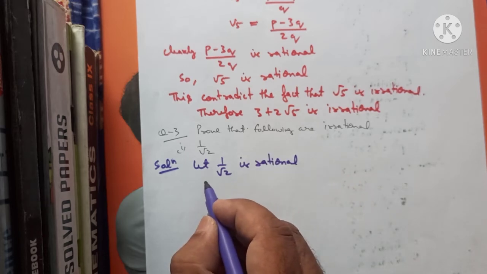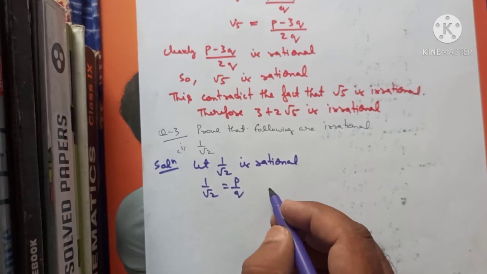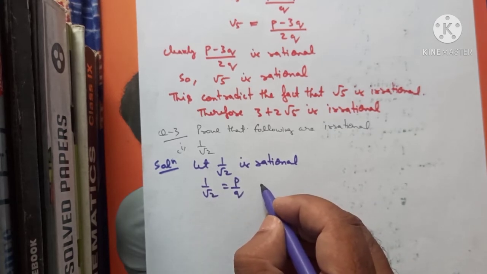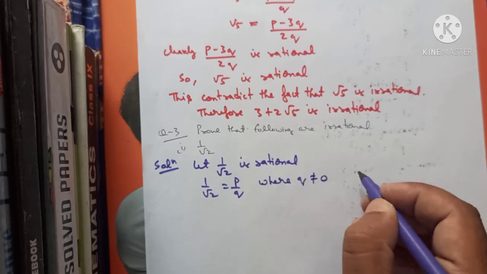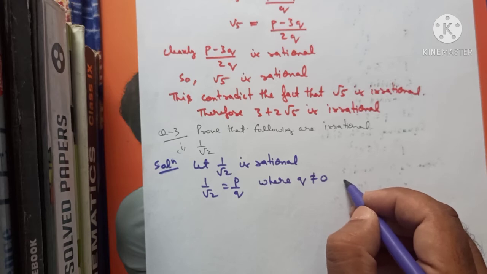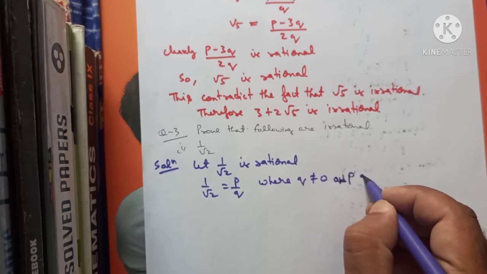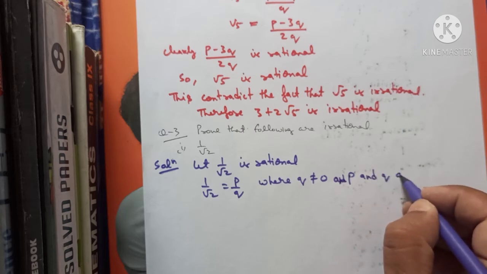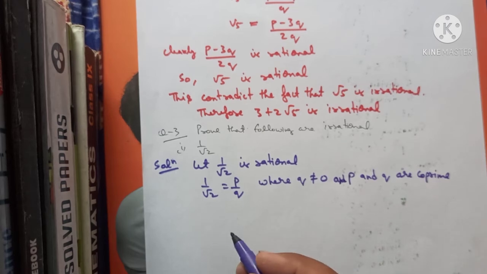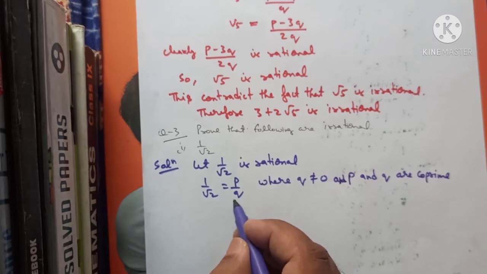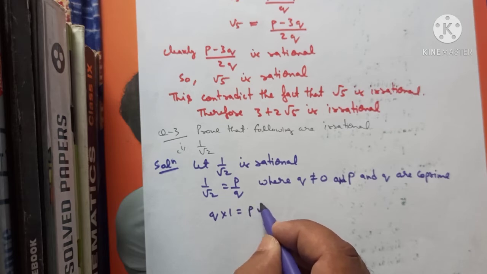So 1 upon root 2 is equal to P upon Q, where Q is not equal to 0 and P and Q are co-prime. Now by cross multiplication, Q times 1 is equal to P times root 2.